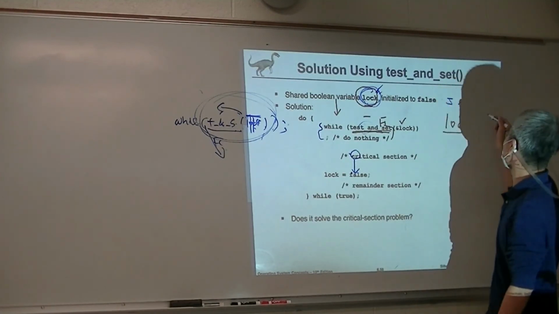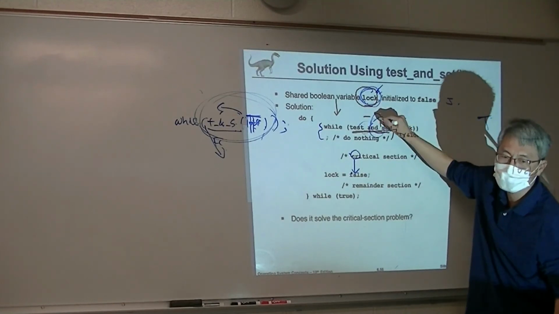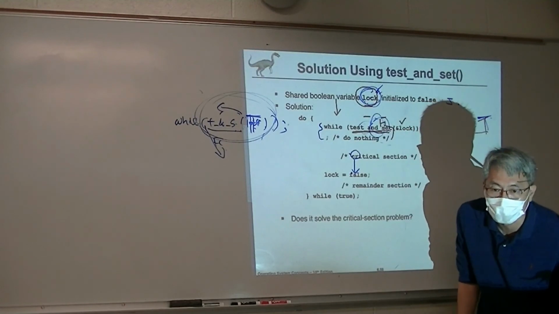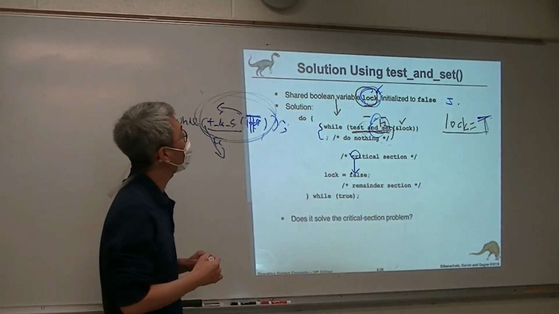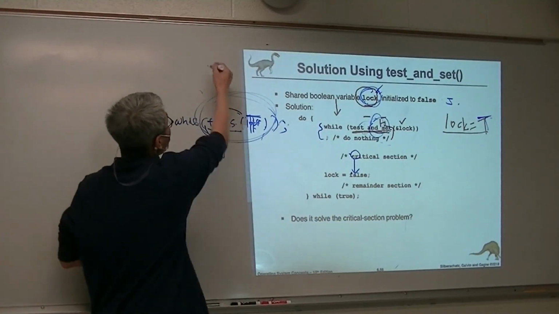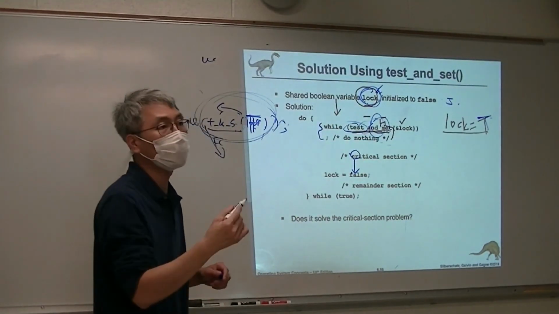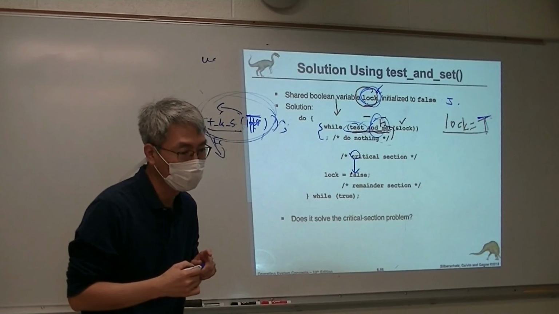But if somebody is using it, which means it's true, it's still true, so you cannot enter the critical section, you cannot get out of the while loop. So this is a multiple-process solution. If you have another process run this at the same time, only one process can enter the critical section.